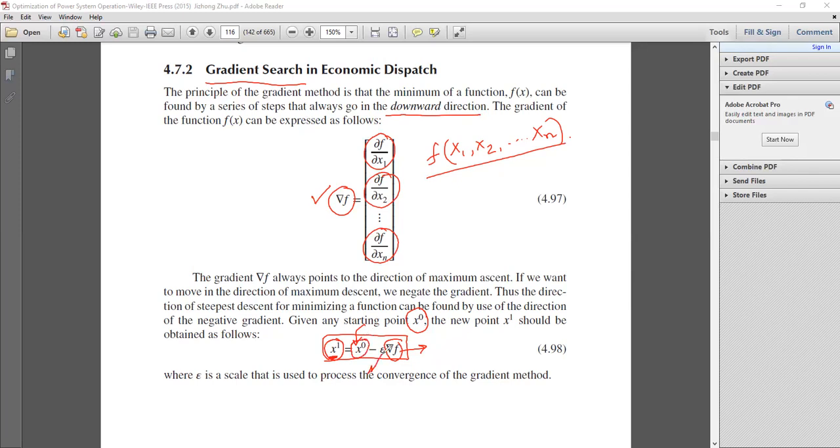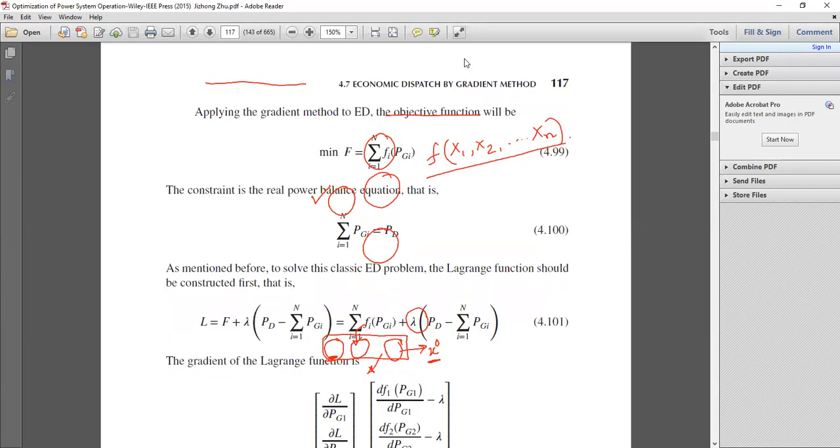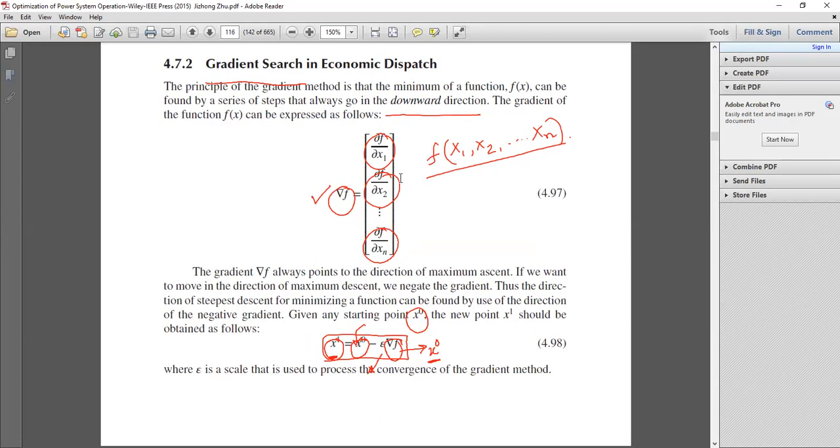This epsilon was some convergence parameter or the learning rate, whatever you say, and del f has to be calculated at x naught, because we know x naught. We don't yet know x1; we are actually looking for x1. The generalized case, of course, is mentioned later on.